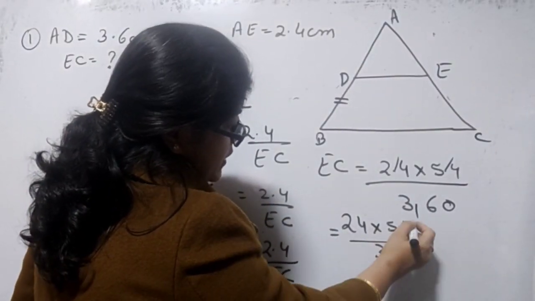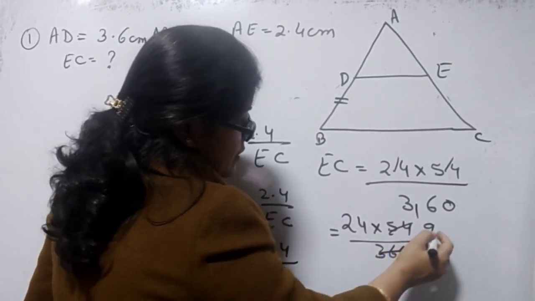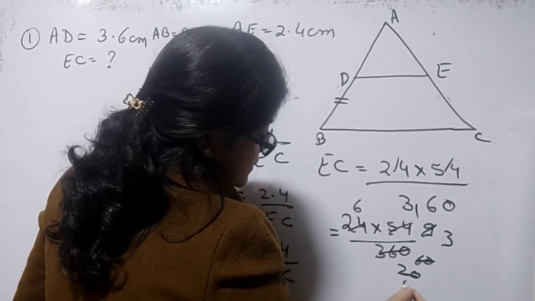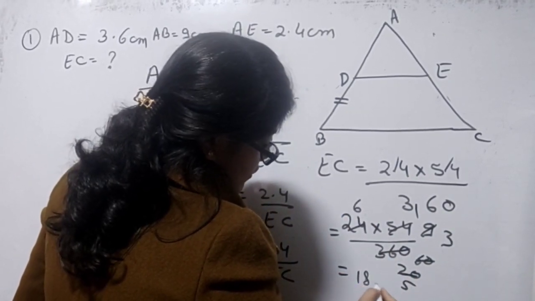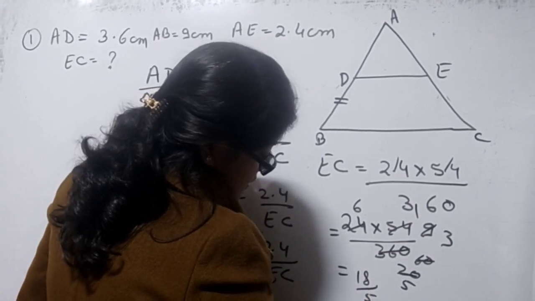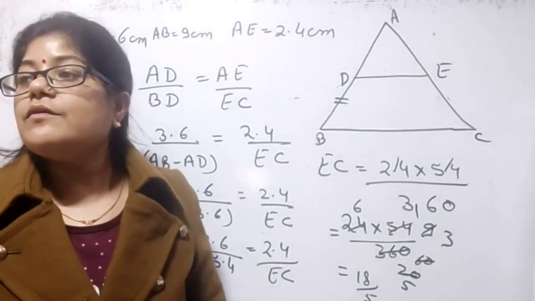Dividing by 6, we get 6 9s are 54, 6 6s are 36, then 3 3s are 9, and we get 18 over 5. That means EC is 3.6 centimeter. In this way, we solve different types of problems.